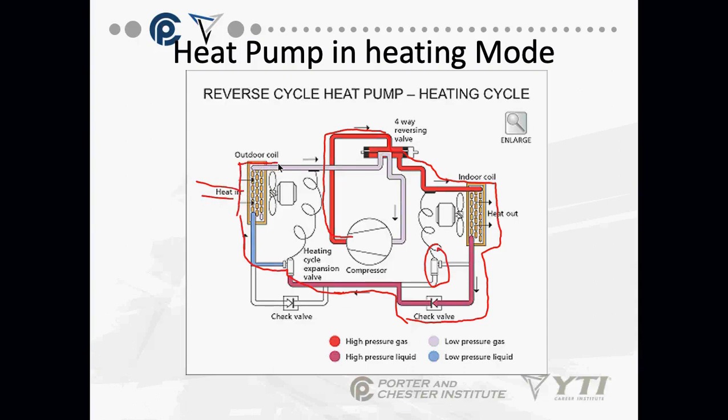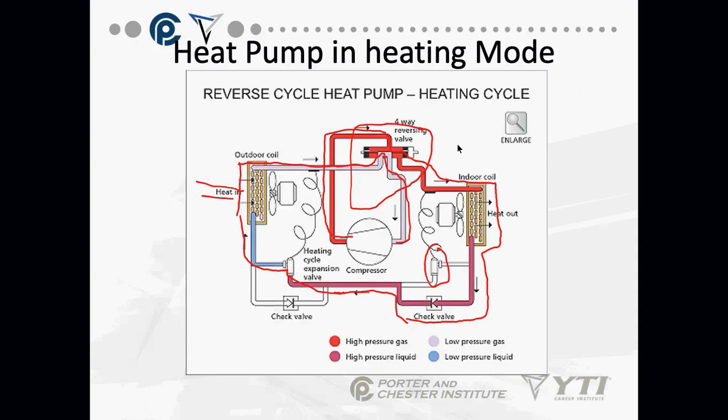And now this superheated vapor comes back through the reversing valve and into the suction port of the compressor, and the cycle starts all over. So this whole thing has to do with the reversing valve. The reversing valve is the heart of the heat pump system.